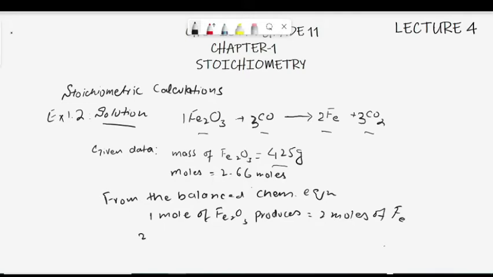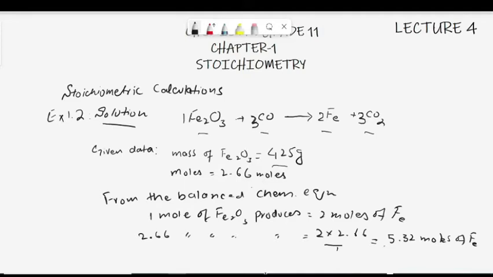So if we have 2.66 moles of iron oxide, it will produce 2 into 2.66 divided by 1, and this is equal to 5.32 moles of iron. But we are not required to calculate the moles.